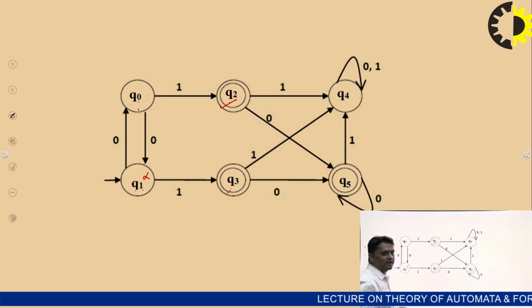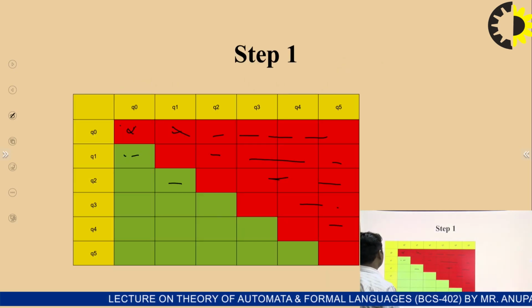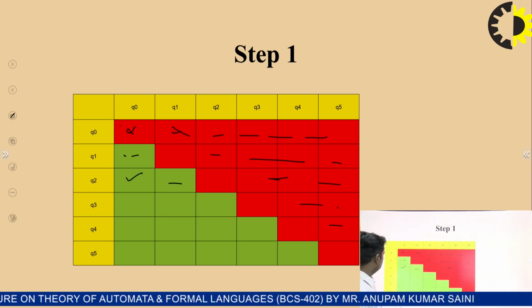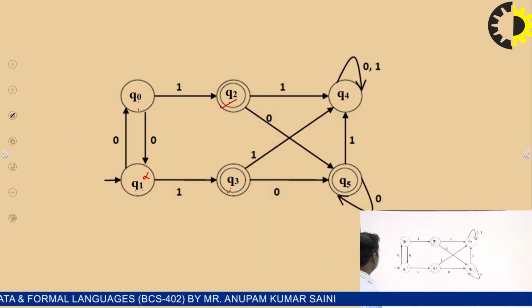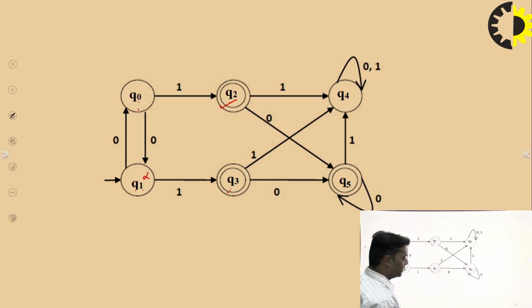One state is a final state and one state is a non-final state, so we mark it. Then the next pair is Q2, Q1. In this pair, one state is final and one is non-final, so we mark it.